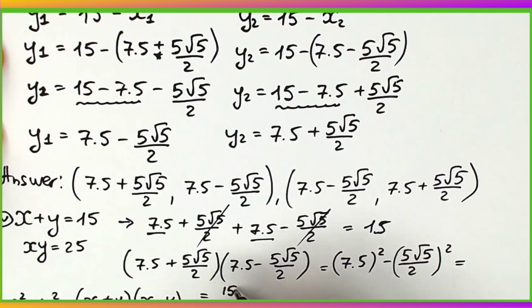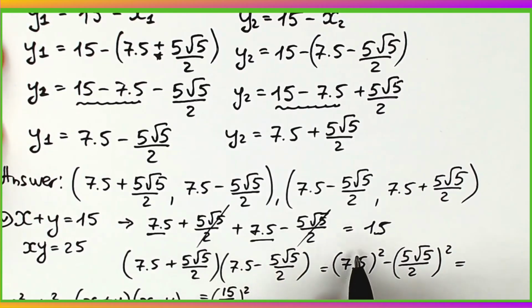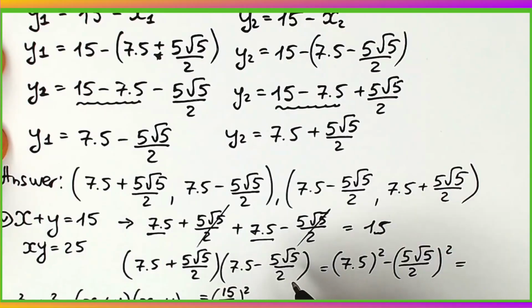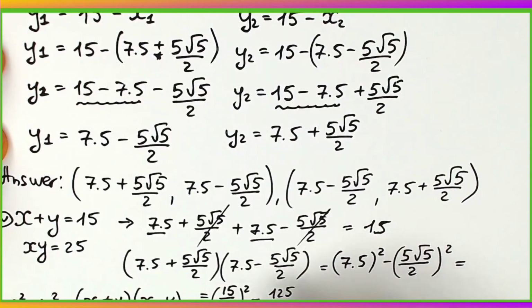So this is 15 halves over 2. With squares it's much easier to work with the fractions, because it's much longer to multiply otherwise. Minus 5 square root of 5 to the second power equal to 25 times 5, which is 125, over 2 squared, equal to 4.